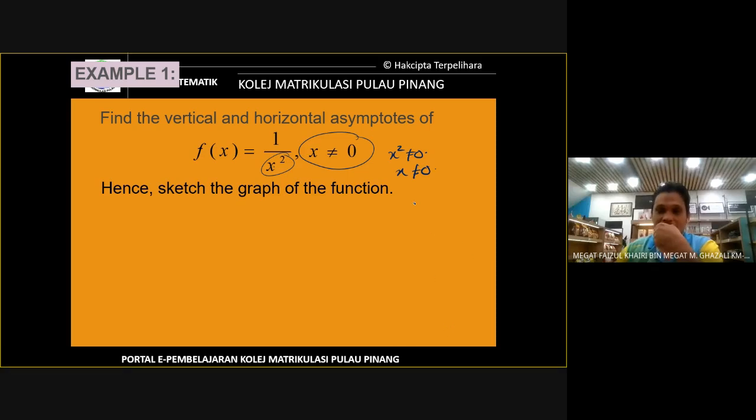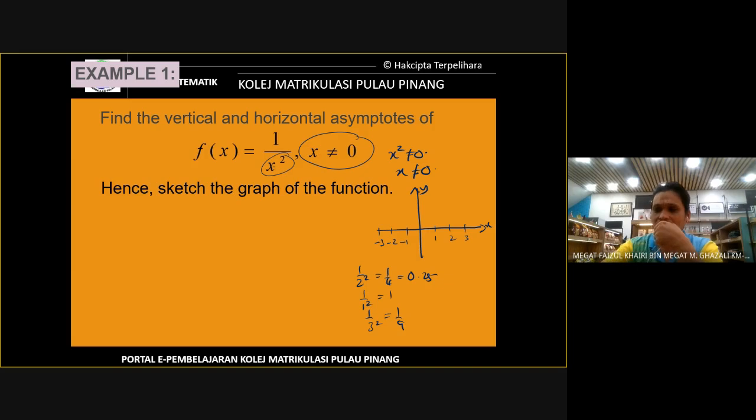Sketch the graph. So class, for this one here now, let's say when x equals 1, 2, 3, and negative 1, negative 2, and negative 3. So 1 over x squared: 1 over 2 squared equals 1 over 4, which is 0.25. 1 over 1 squared, which is 1. 1 over 3 squared, 1 over 9.